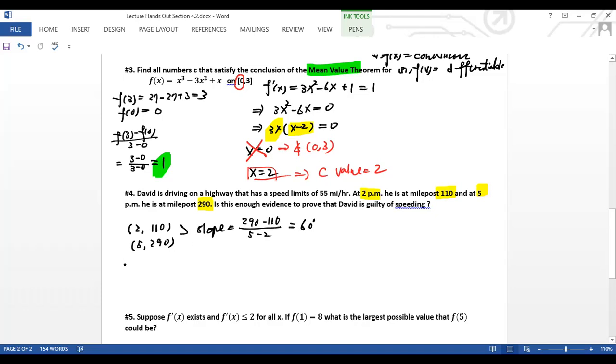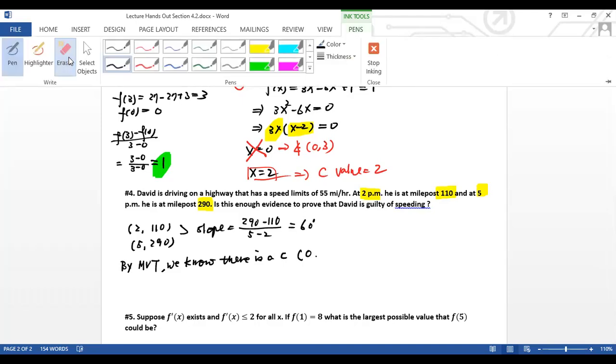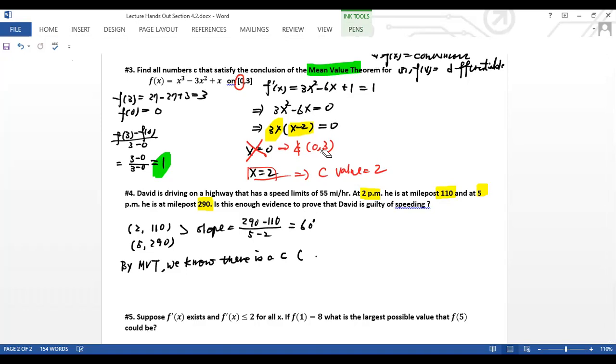Now, by the Mean Value Theorem, we know there is a c inside this interval, which is between 2 and 5, such that f prime of c is equal to 60. Remember, if f is a position function, then f prime is the velocity.